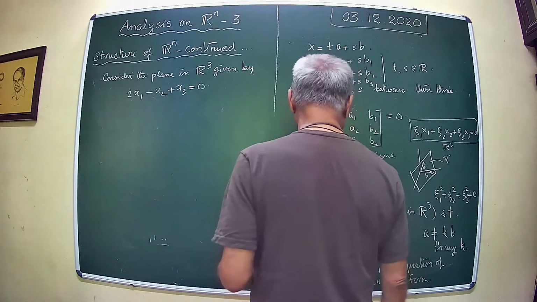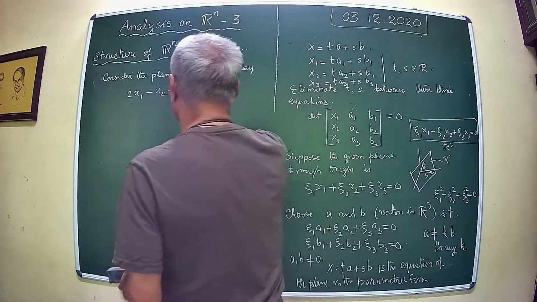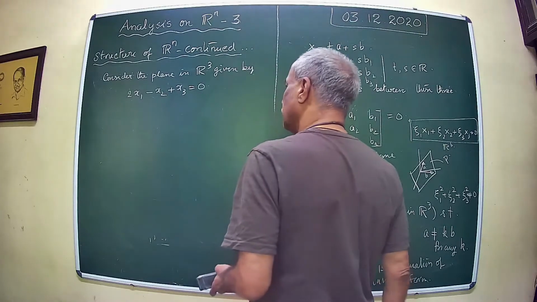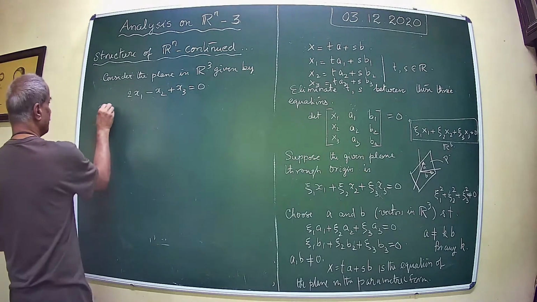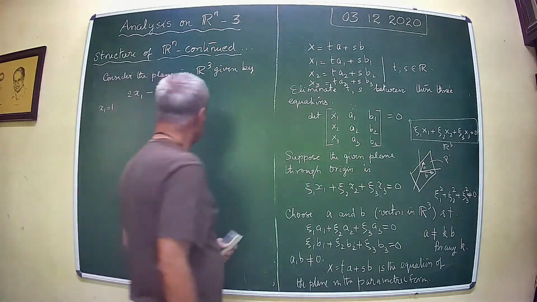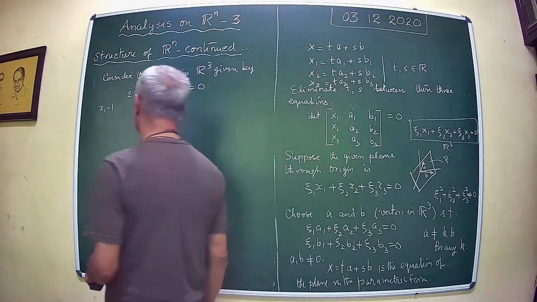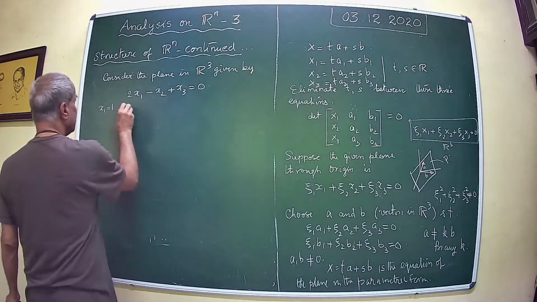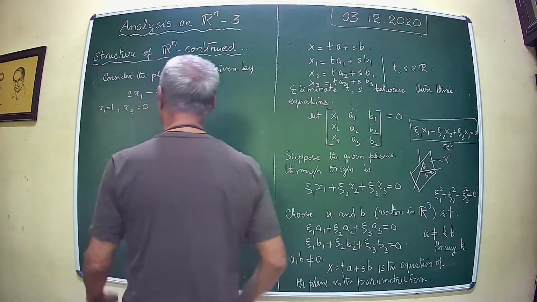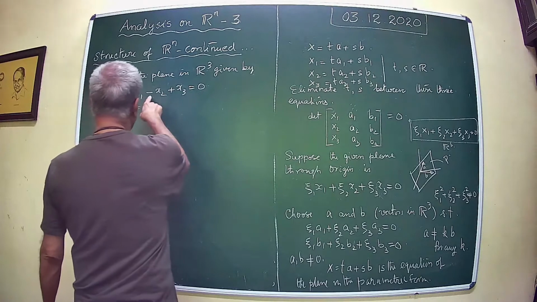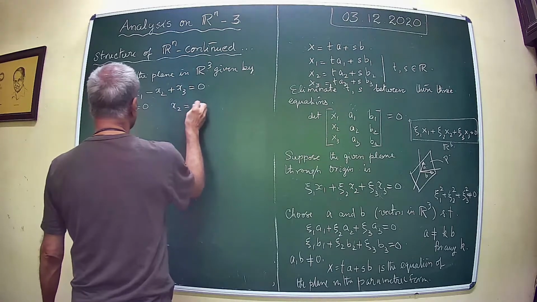That is A1, A2, A3, B1, B2, B3 such that A1, A2, A3 satisfies this equation, and B1, B2, B3 also satisfies this equation. So suppose I choose x1 equal to 1, x3 equal to 0. Then you have 2 minus x2 equal to 0, which puts x2 equal to 2.